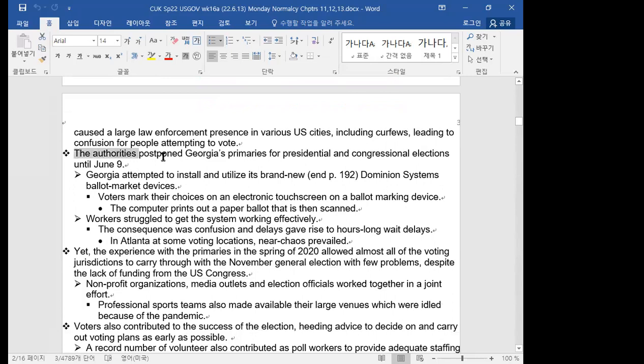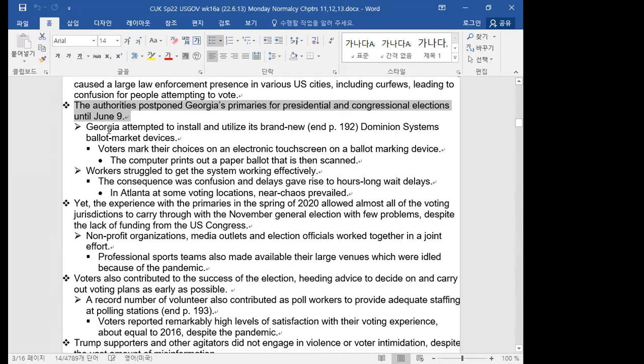So the authorities postponed Georgia's primaries for presidential and congressional elections until June 9th. Georgia attempted to install and utilize its brand new Dominion Systems ballot marking. And of course, that's what these Stop the Steal Republican activists claim.